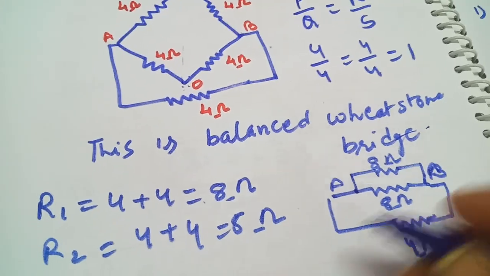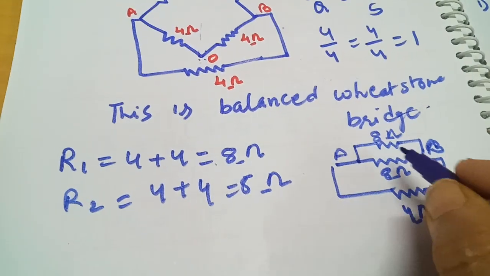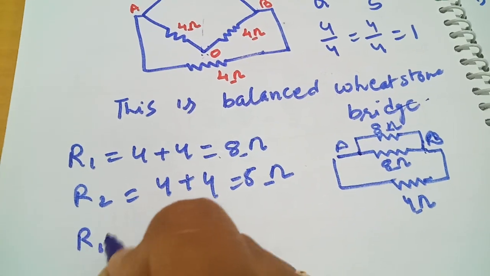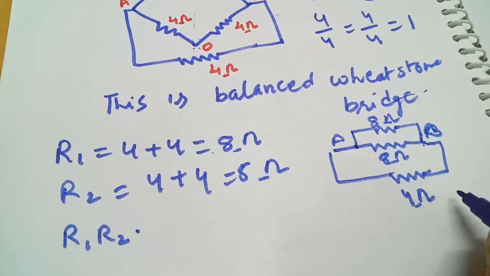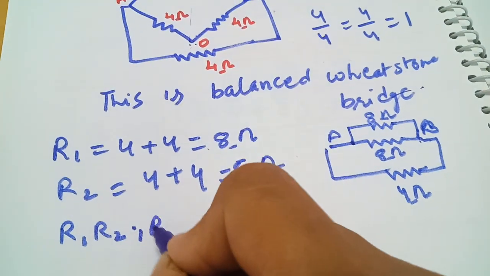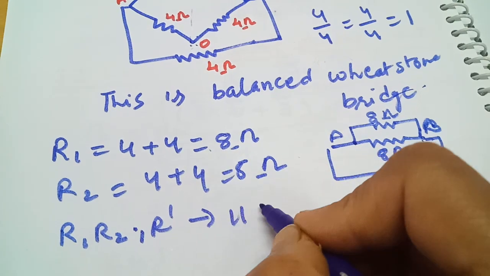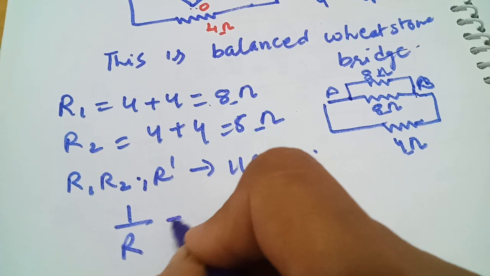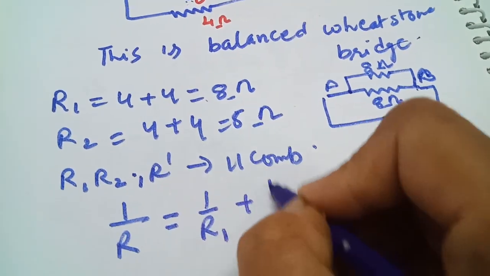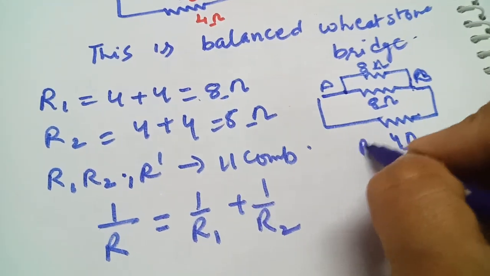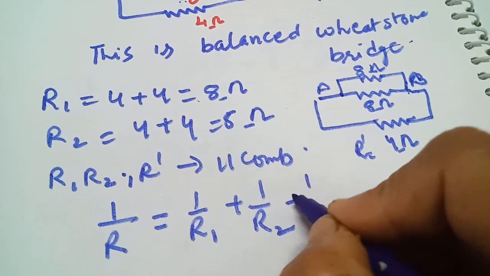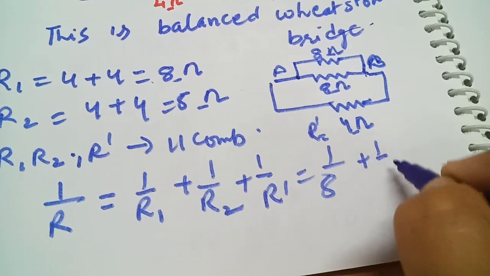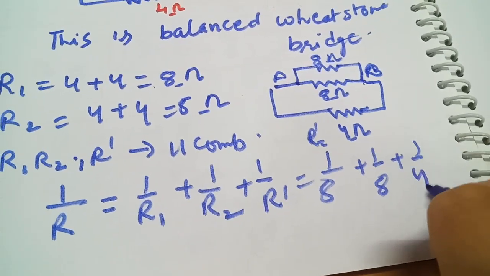So first of all these three are all connected between the same two points, so these are in parallel combination. So R1, R2, and suppose this is a resistance R dash, they are in parallel combination. Take 1 upon R net resistance equals 1 upon R1 plus 1 upon R2 plus 1 upon R dash, and this will be 1 upon 8 plus 1 upon 8 plus 1 upon 4.